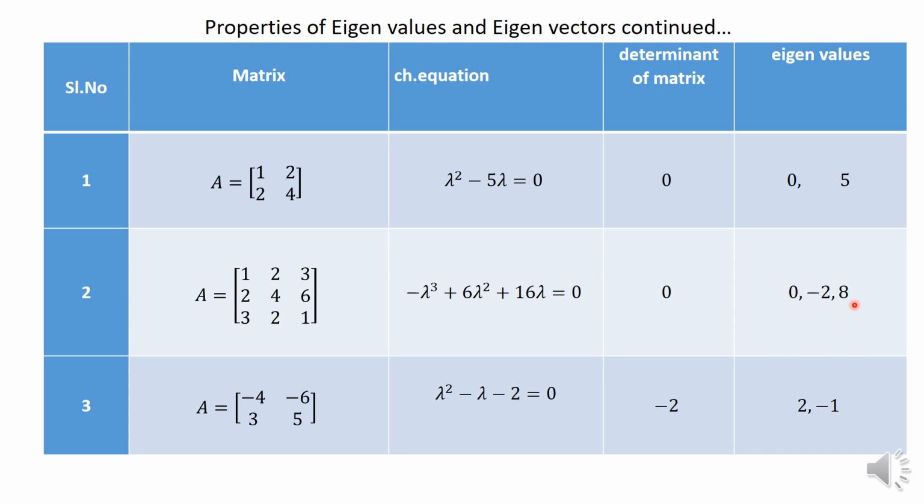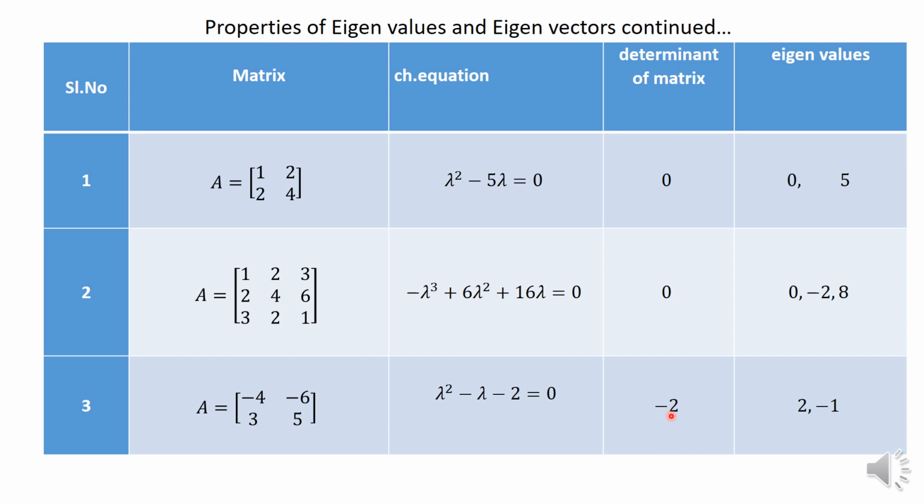Next, observe the third matrix A, [-4 -6; 3 5], a second order matrix whose CH equation is lambda square minus lambda minus 2 is equal to 0. If I calculate the determinant of this matrix, it is minus 20 plus 18, which is equal to minus 2.